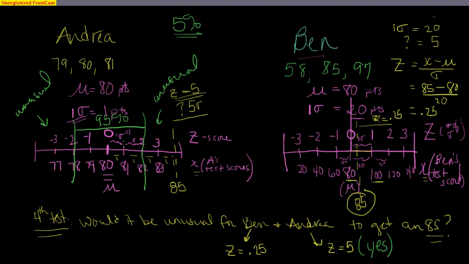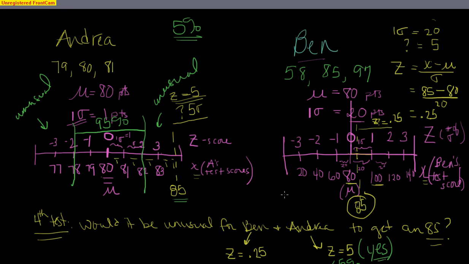So the chances of Andrea getting an 85, which is 5 standard deviations above the mean, you're way, way out here, is way less than 5%, so therefore it is very unusual.